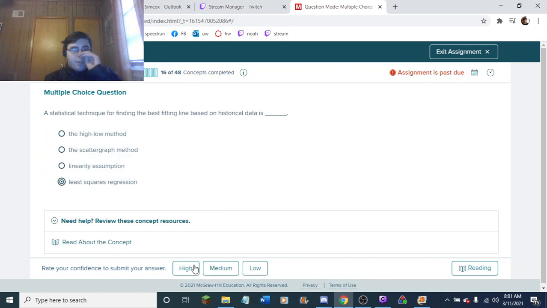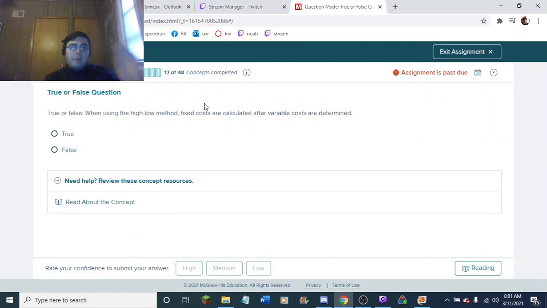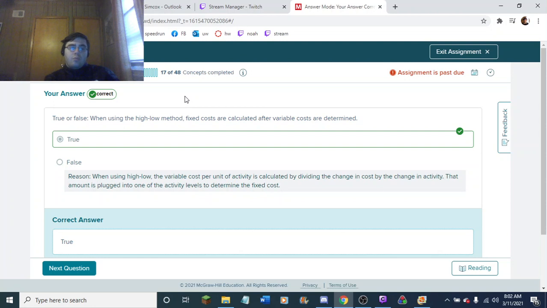Least squares regression. I don't know. It is true.